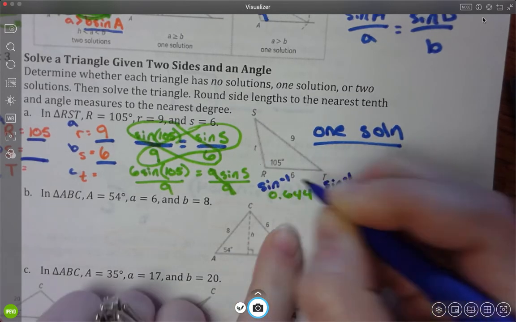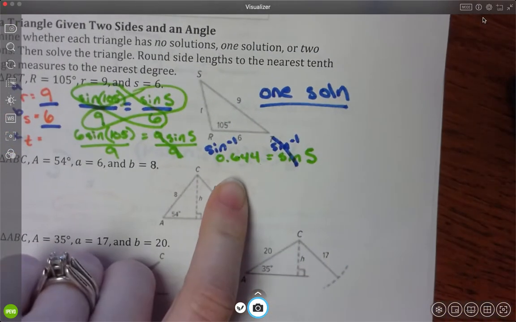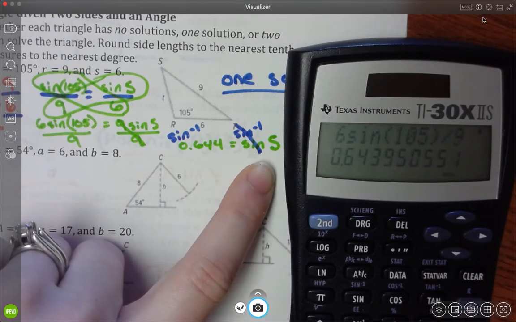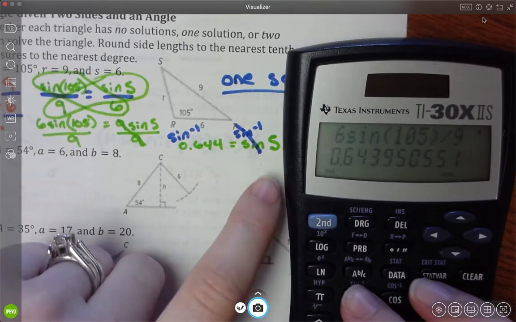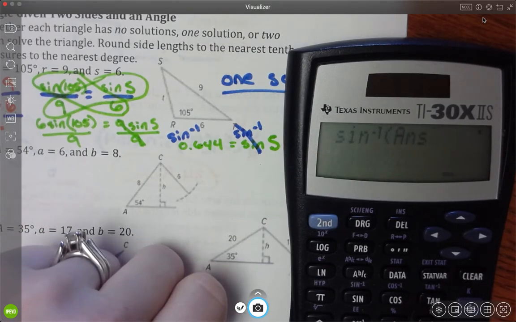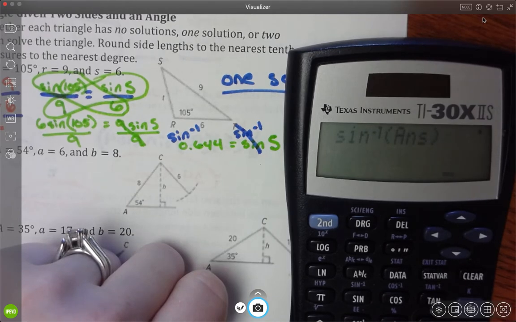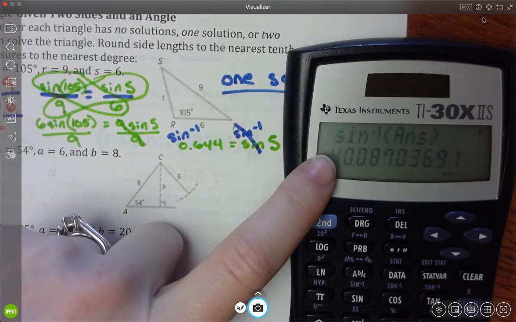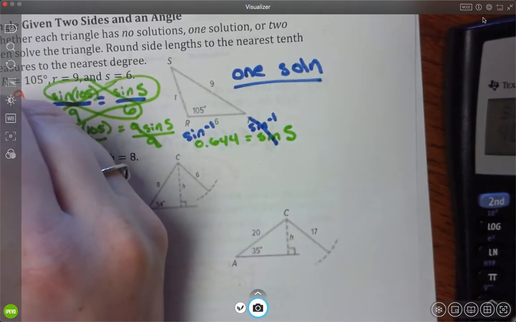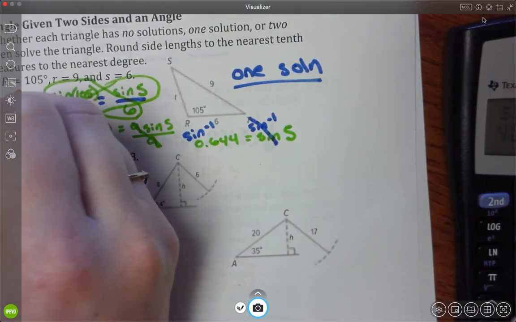The inverse sine is going to cross that off. So S is going to be equal to inverse sine of 0.644. That's sine to the negative 1 power. I can plug in the answer in my calculator so I don't have to retype, and it's 40.1. So my angle S is going to be 40.1 degrees.